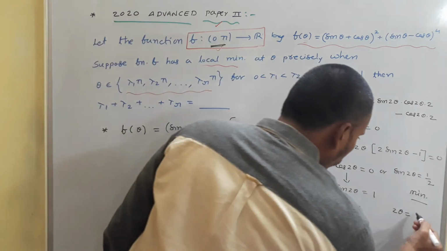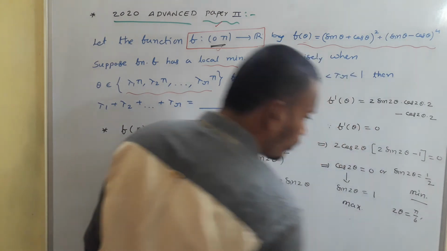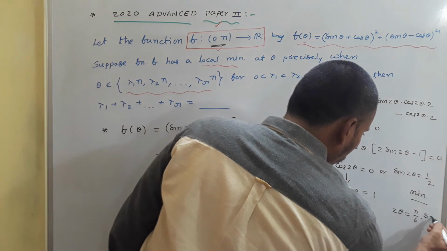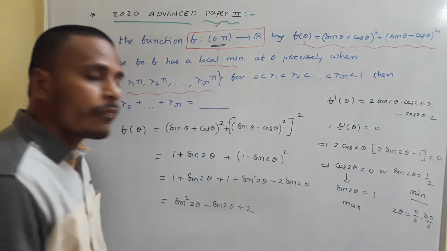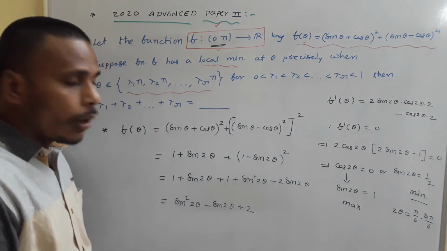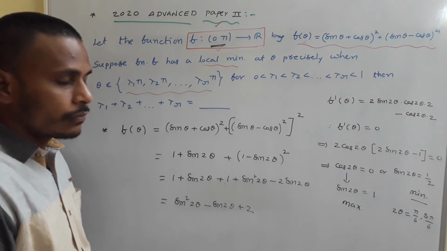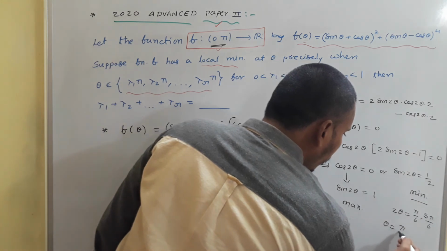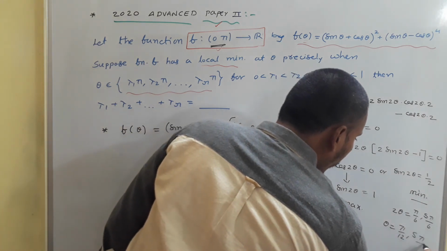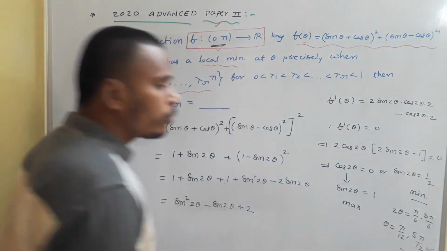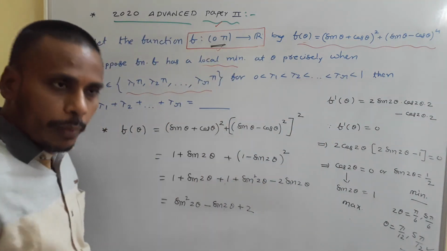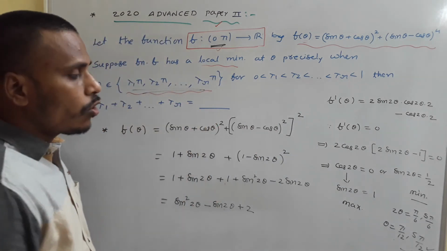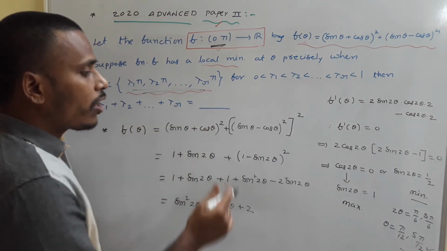Sin 30 degrees is 1 by 2, so sin pi by 6 is 1 by 2, and then 180 minus 30 means 150, so 5 pi by 6 is also 1 by 2. Then theta is simply pi by 12 and 5 pi by 12. So we have only two possible values for theta in the range 0 to pi. So lambda 1 is 1 by 12, lambda 2 is 5 by 12.